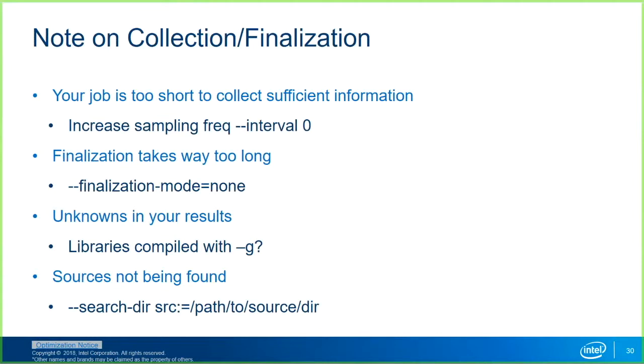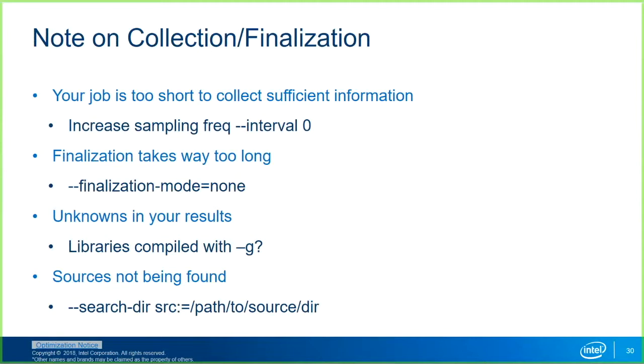So if, for example, your Python application runs very quickly, it might be the case that VTune does not get enough samples to display information. It might not be practical for you to increase the runtime of your application. In that case, you can increase the sampling frequency.